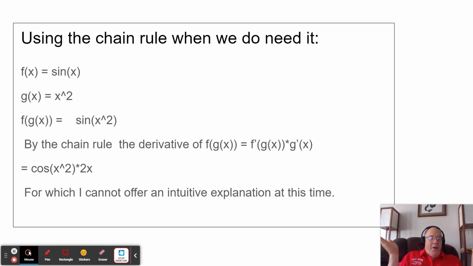Okay, so that's all. That's a couple of unnecessary uses of the chain rule and one necessary use of the chain rule. The chain rule needs to be something that's very automatic for you to use. It's, as I've said, essential. It is kind of intuitive, I think, in terms of how to apply the procedure.